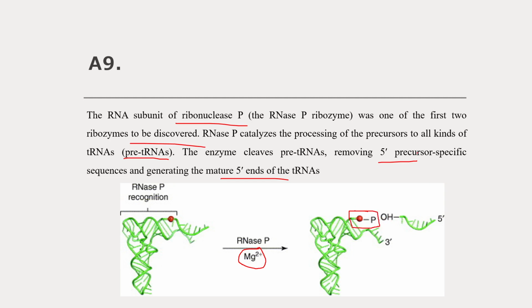So this 5' precursor has been removed, and now we can call it a mature tRNA. Actually this process from pre-tRNA to mature tRNA is quite long, but I don't want you to be confused about the whole process, because we don't need to go deeply into the maturation of tRNA. So this is just a brief explanation of how RNase P helps in the maturation of tRNA.